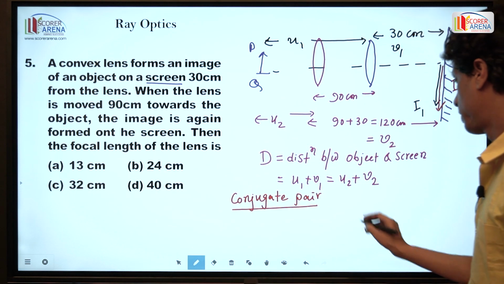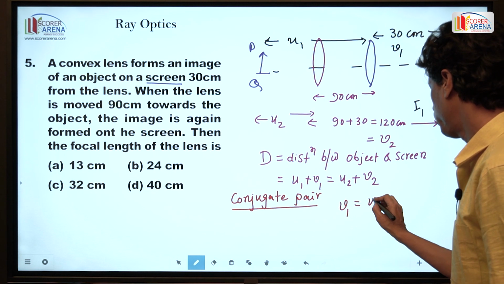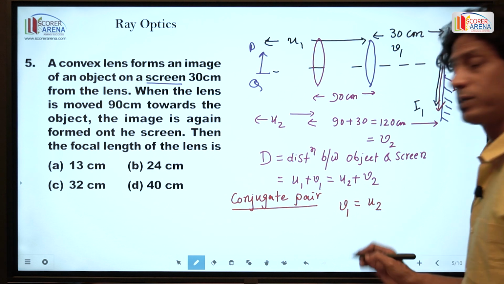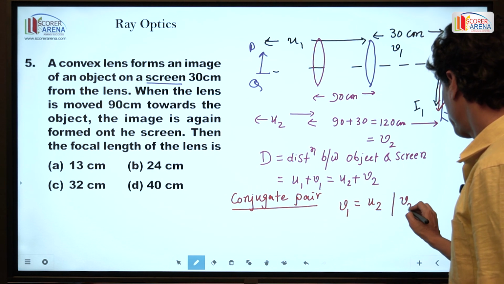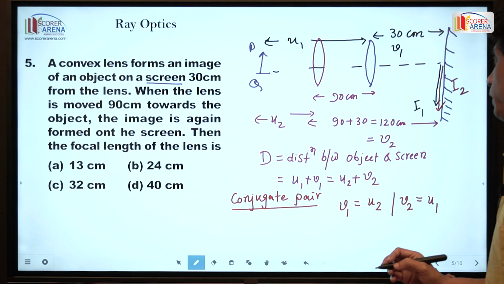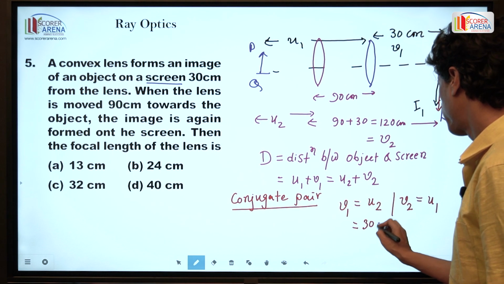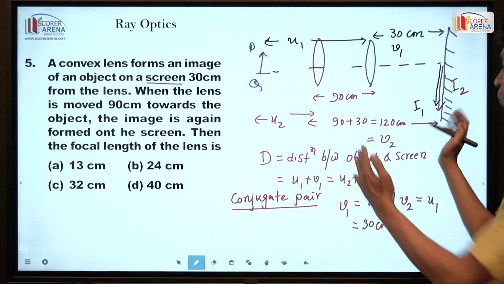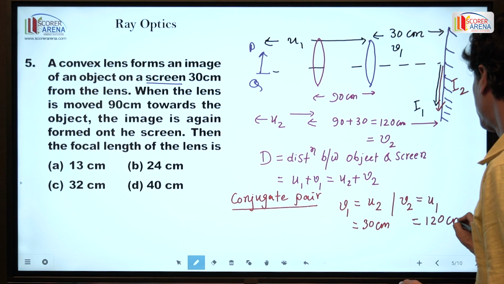This means V1 is equal to U2. Similarly, V2 is equal to U1. V1 is equal to 30 centimeter and V2 here is equal to 120 centimeter.